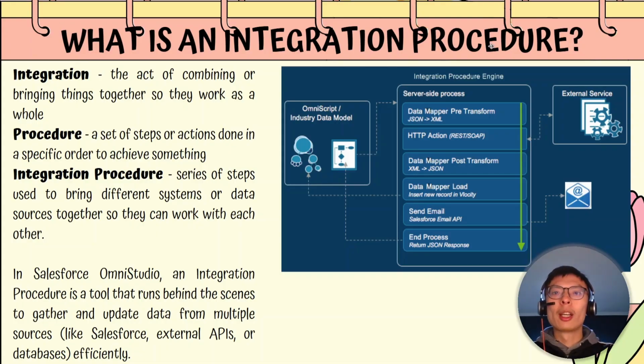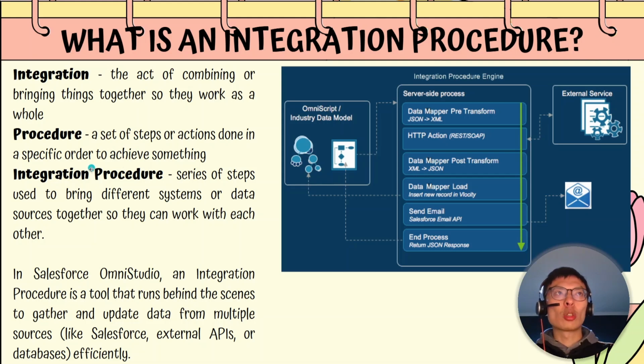So, what is an integration procedure? Let's break this down into two parts, integration and procedure. Integration is about bringing different parts together so they work as a whole. And procedure is essentially a series of steps done in a specific order to achieve something.